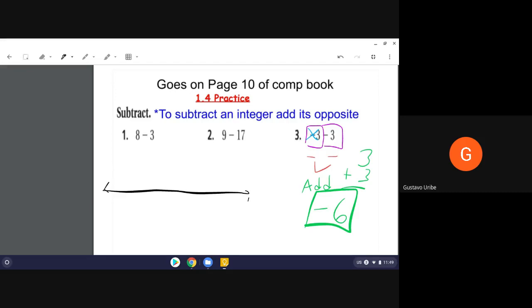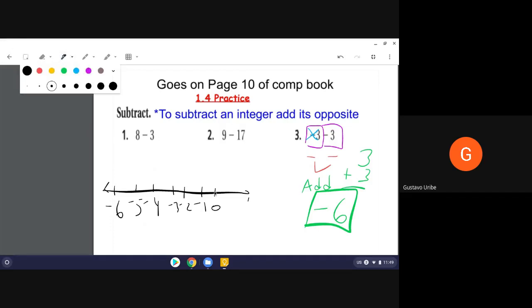Let's say that my 0 is over here. That 1, 2, 3, so -1, -2, -3, -4, -5, and -6. As you know, this side has all my positives. I just need my negatives for right now.